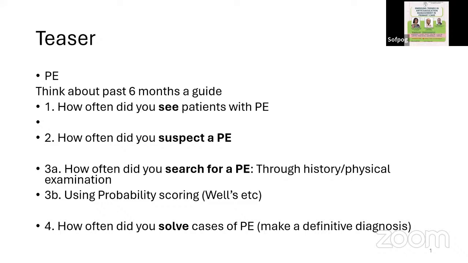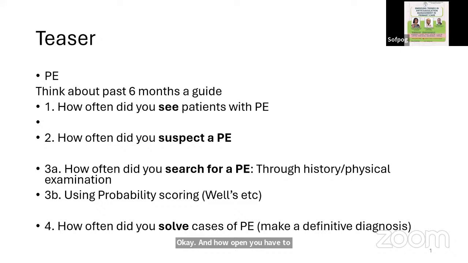I'd like you to think about the past 6 months in your facility. I'm wondering how often you saw patients you suspected of having pulmonary embolism, and how often you had to search through history and physical examination.